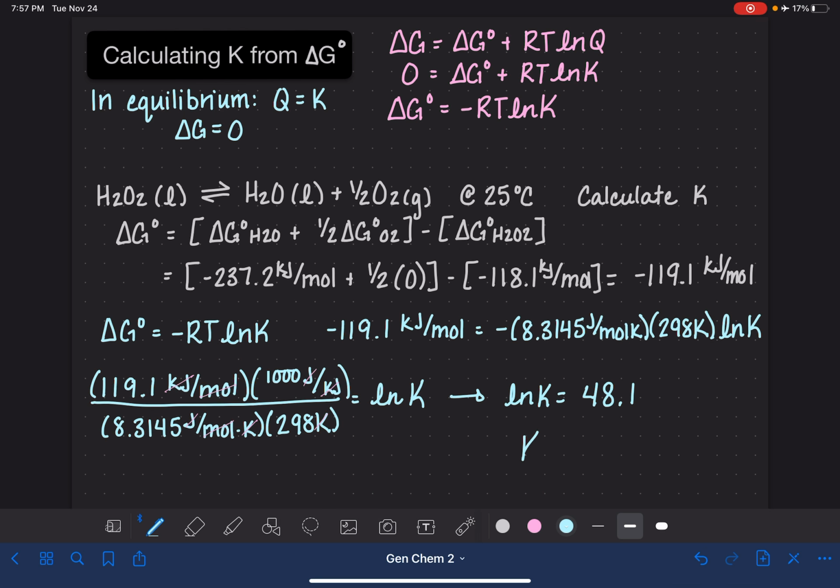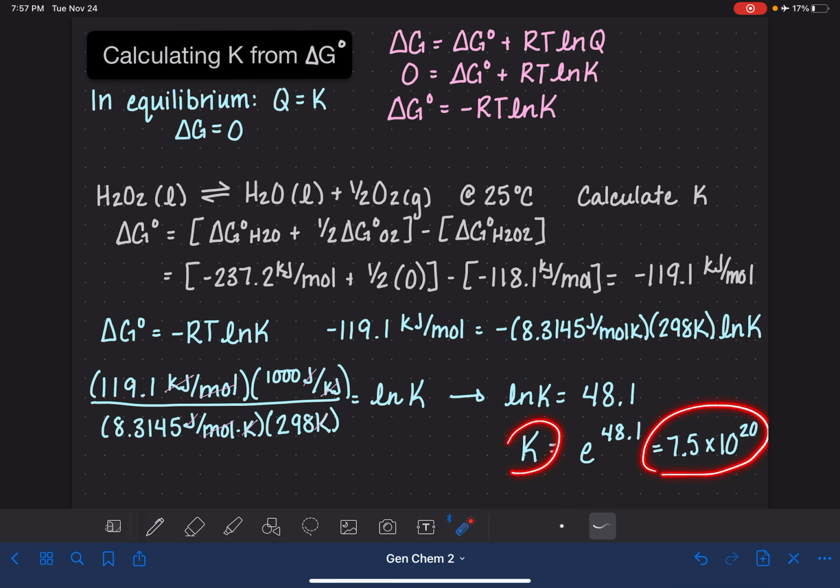You may need to review math to remember how to do this. We're going to raise e to the power of 48.1. And this number works out to be about 7.5 times 10 to the 20. It's a unitless number; equilibrium constants are always unitless numbers.